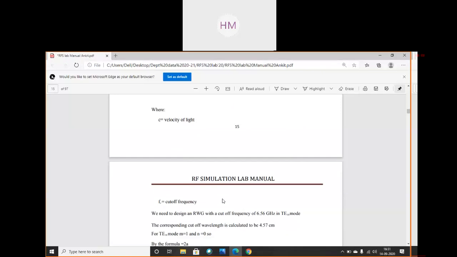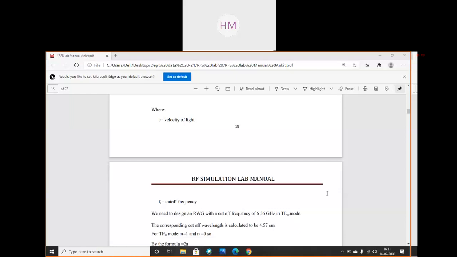And you all know the relationship between lambda and f. Who can write the equation? The relation between frequency and wavelength. What is the relation between wavelength and frequency?